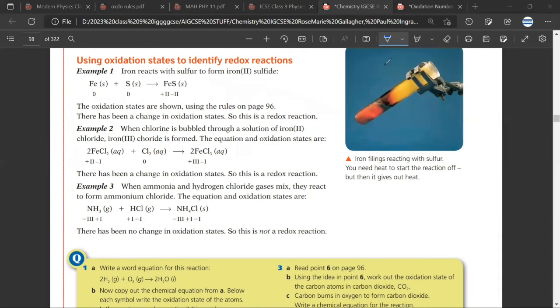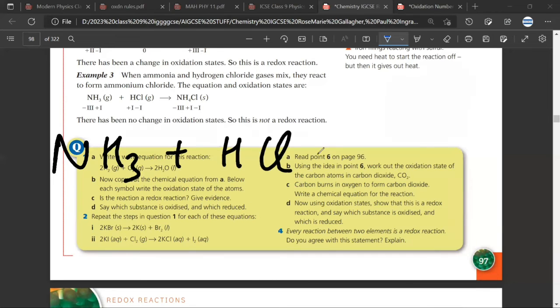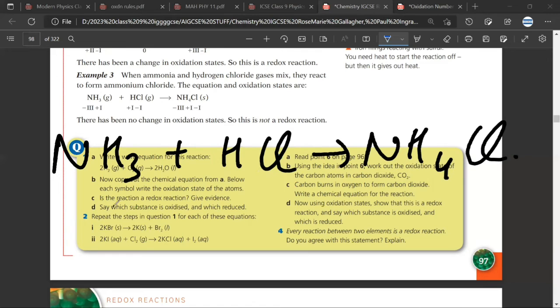Let us look at the next example. So for example, NH3 plus HCl gives NH4Cl. Here hydrogen is combined with a non-metal, so +1, this would take +3, this is -1, this is +1, this is -1, this is +1, this is +4, -1, 3, so this has to be -3.